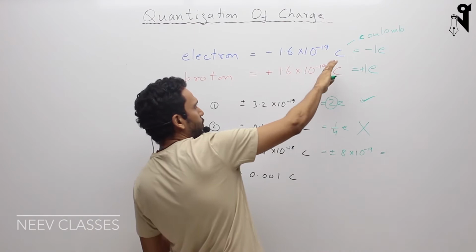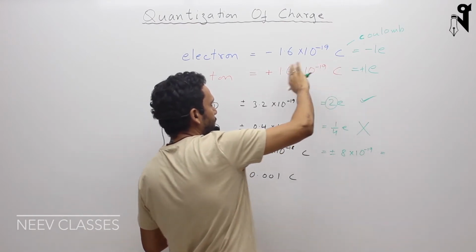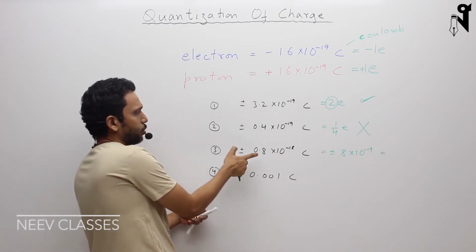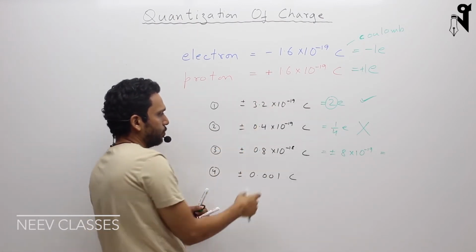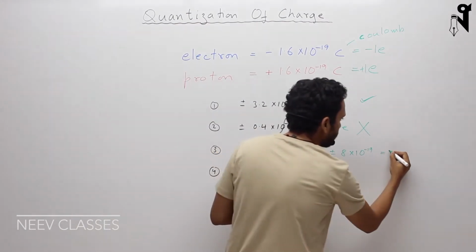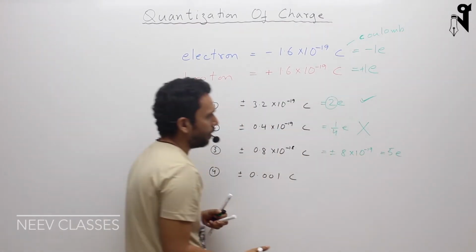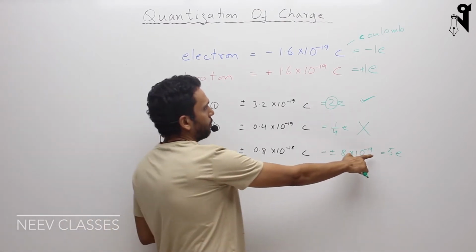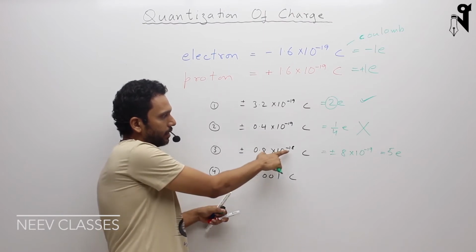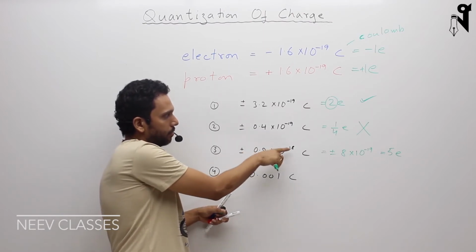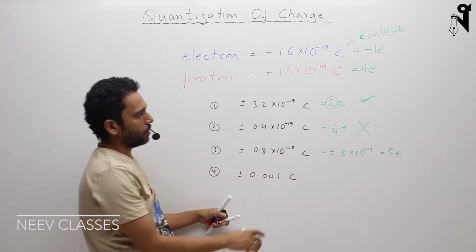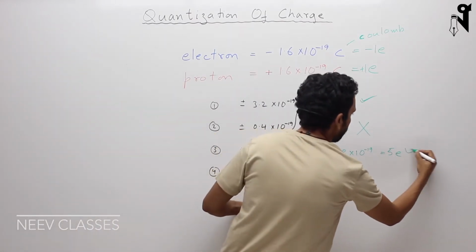There are other decimal places after this, but we are not going into that precision. So provided this is the precise value, that's 5 times e, because it's 8 into 10 power minus 19. Don't think it was a decimal, but there was an extra 10 in it than the 10 power minus 19. So that is 5 times e, and this is very much possible.